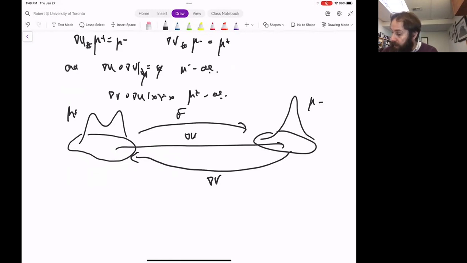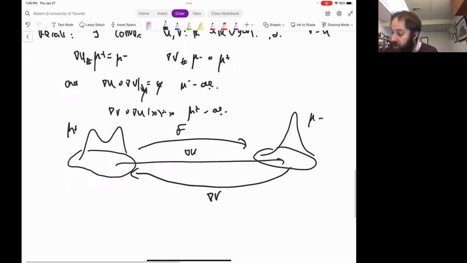And so what I want to say, because of these inversion relations, is that I can write F in the form grad U composed with something. If I compose it with grad V, then this composition here is like the identity map.